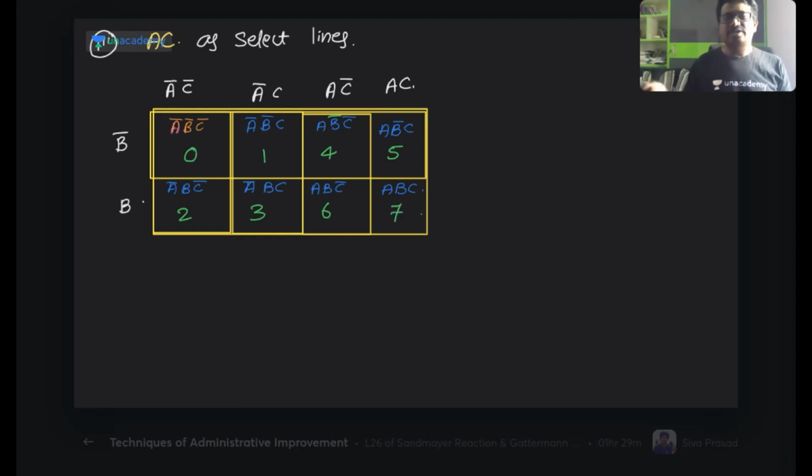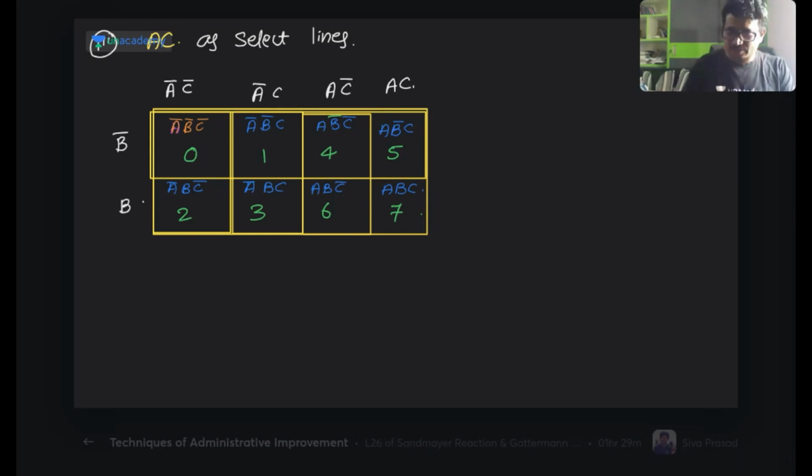This is 7. Check these numbers now. Is it correct?